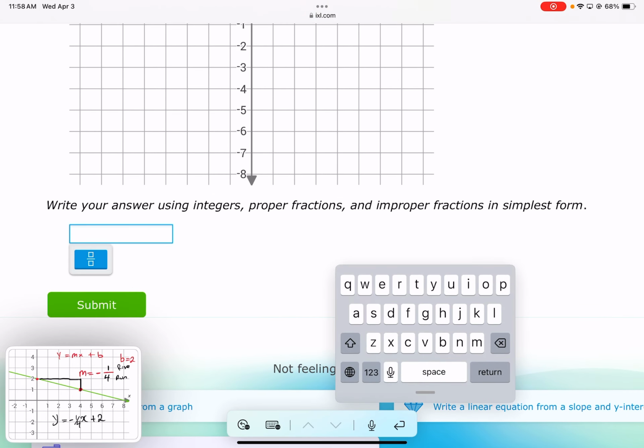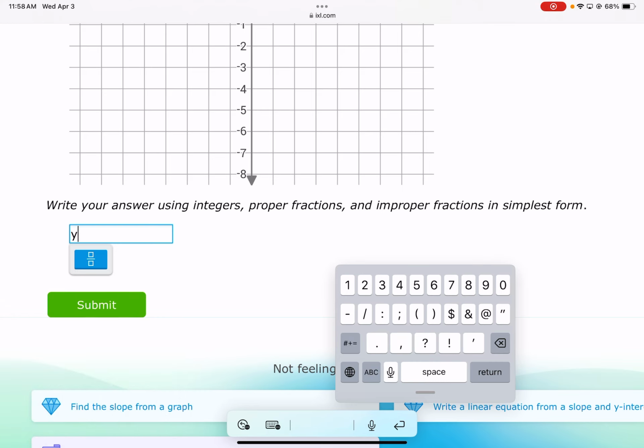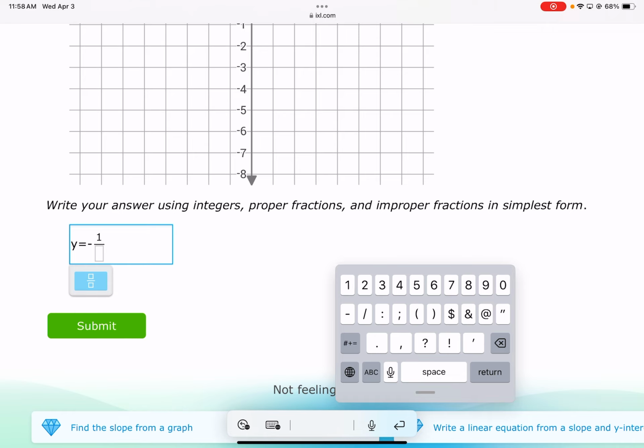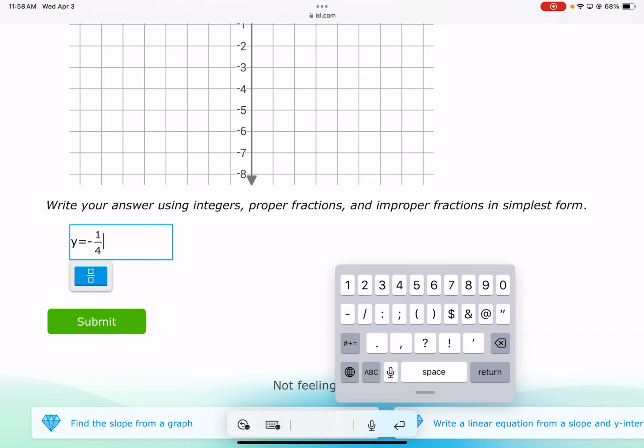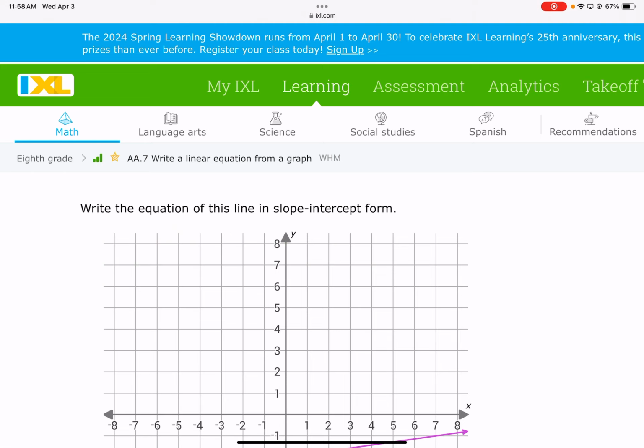So it's y equals negative 1 over 4 x plus 2. Let's see. Wonderful. That's how we do it.